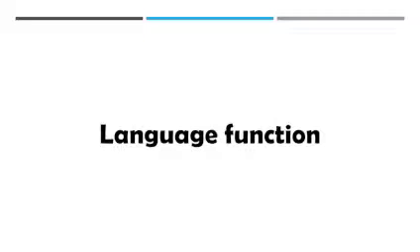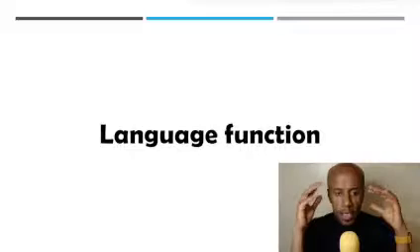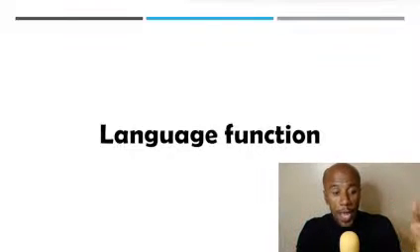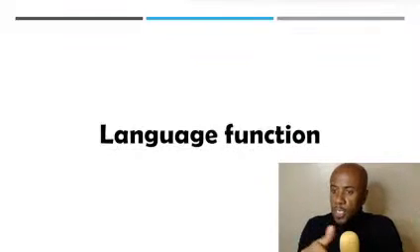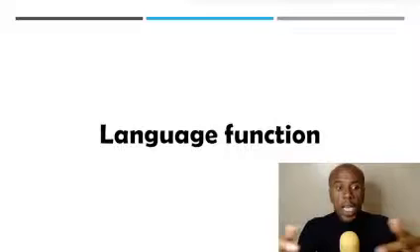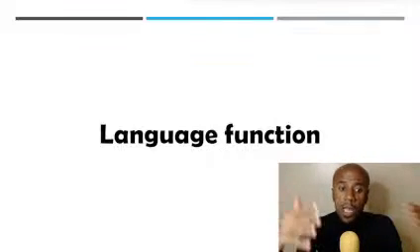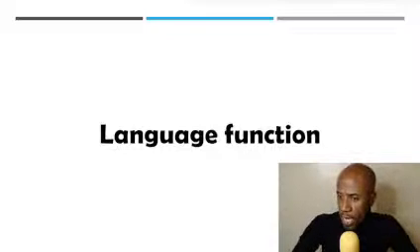Language form is the how, but language function is the purpose. So the function refers to the different ways in which language is used to achieve specific purposes or goals in communication. It's all about how language is used to convey meaning and interact with others.